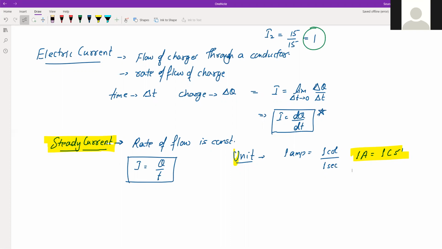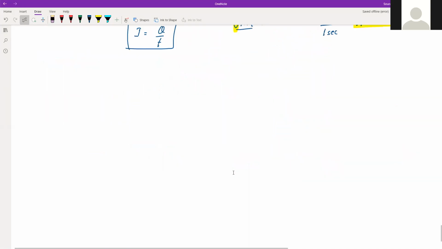Next is the conventional current and the electronic current. There is a difference between these two things. Current is flow. So what is electronic current and what is conventional current? This electronic current, as the name itself suggests, is the current or flow of electrons.